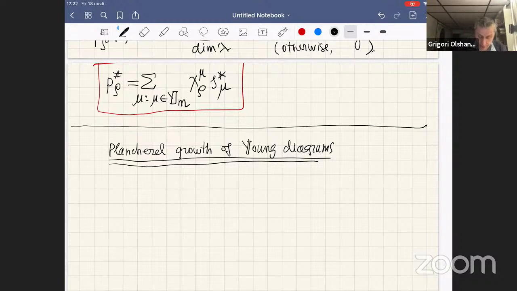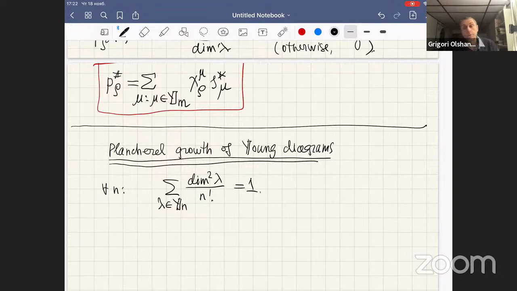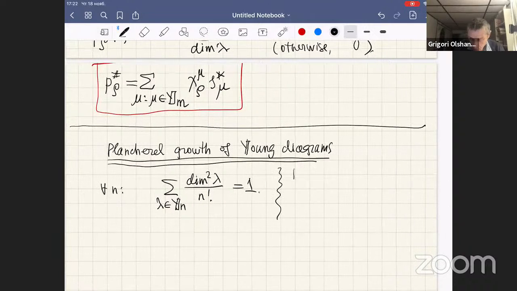I recall the identity for any n. We have the identity: the sum of squared dimensions divided by n factorial is equal to 1. So this was one of the problems, and I recall its possible proof, perhaps the simplest one. So the proof is as follows.